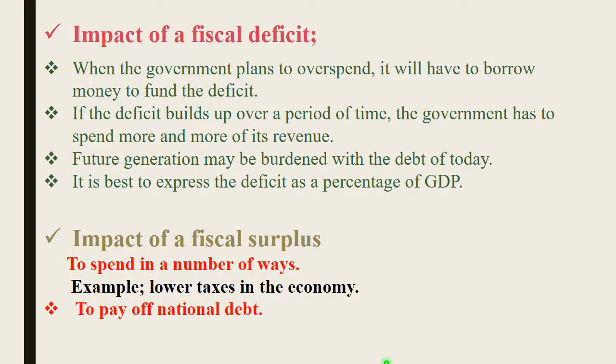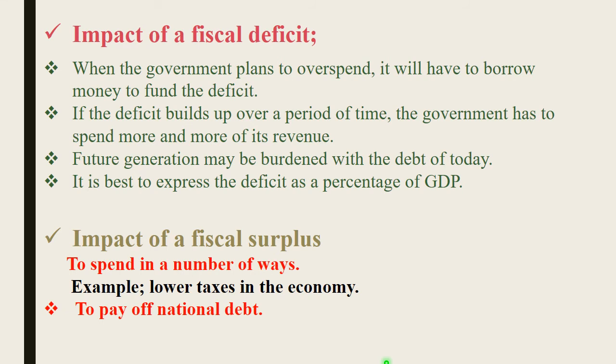Impact of a fiscal deficit. When the government plans to overspend, it will have to borrow money to fund the deficit. As a result, if deficits build up over a period of time, the national debt will increase. This means that the government has to spend more and more of its revenue on paying off the debt.